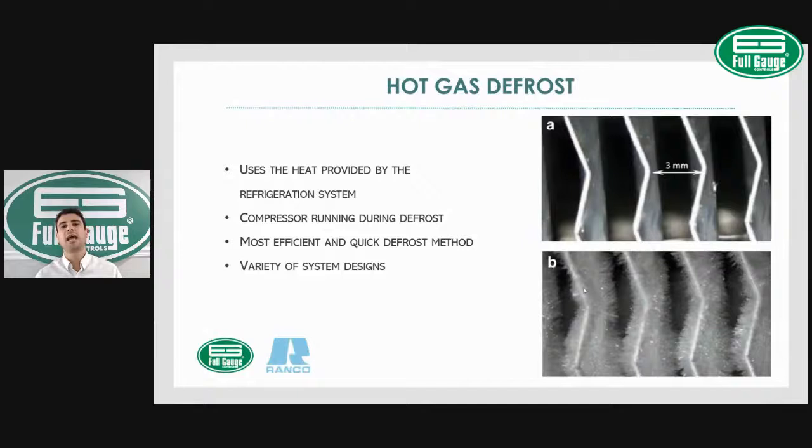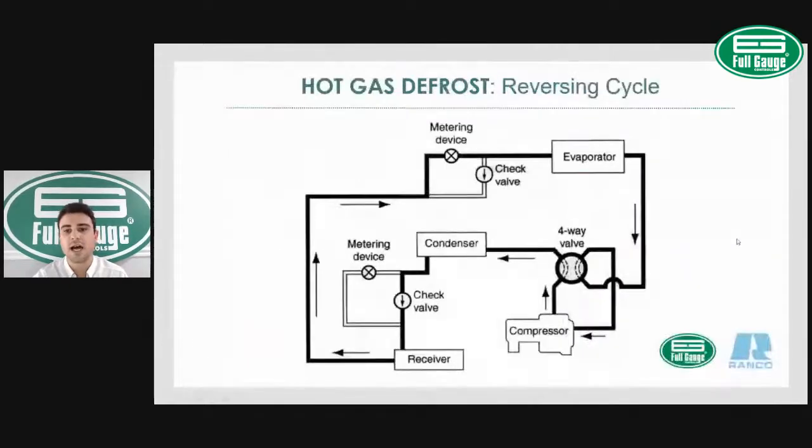And for the hot gas defrost, there are a variety of system designs to achieve the same result. One of the most common hot gas defrost designs is the reversing cycle, where you have a four-way valve that changes the flow cycle of the system. So the compressor will send the refrigerant to the evaporator and it will circle back through the condenser back to the compressor.